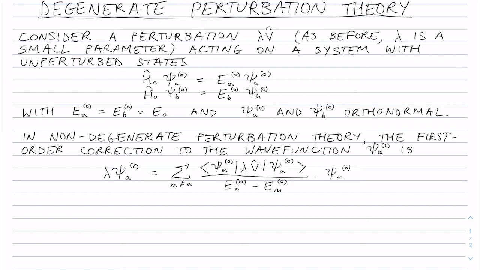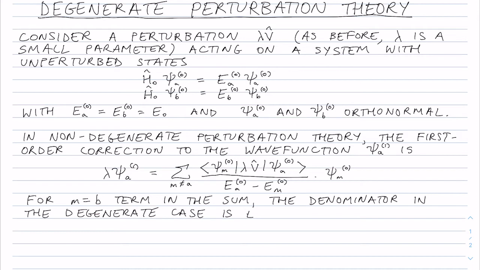And then if we look at this, we have a problem because for the case where we have m equals B in the denominator, it blows up. We have a 0 in the denominator, and so that term is going to go to infinity unless the numerator also goes to 0.